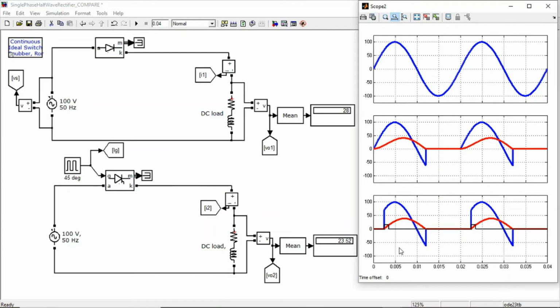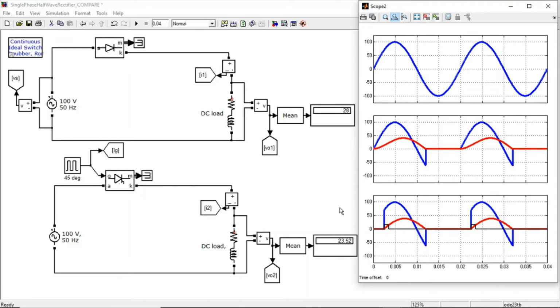Nevertheless, regardless of the difference in the starting time, we can see that the current conduction has caused the output voltage waveform of both rectifiers to extend until the extinction angle.